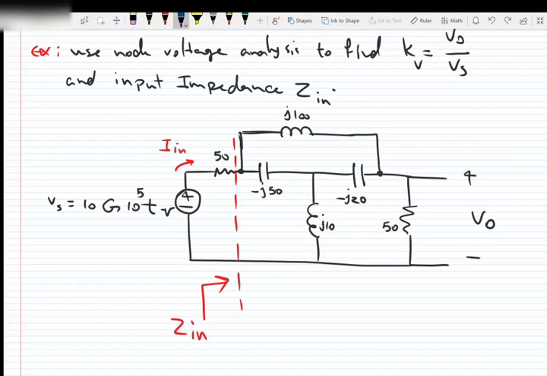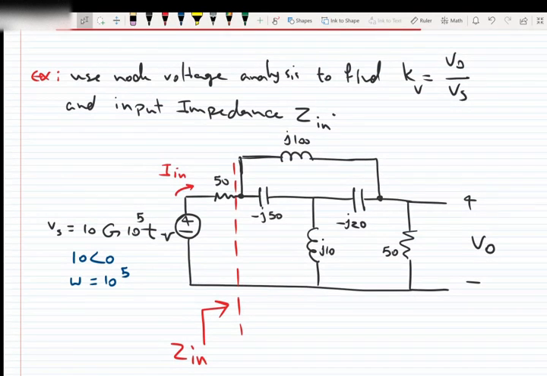The first thing, converting the voltage source to the phasor, which is 10 with the angle of 0, and omega is 10 to the power of 5. Then identifying the nodes. So here we have node VA. Here we have node VB. Here we have node VC.